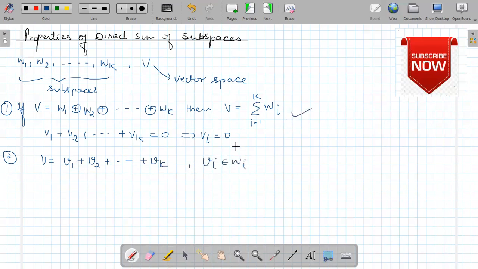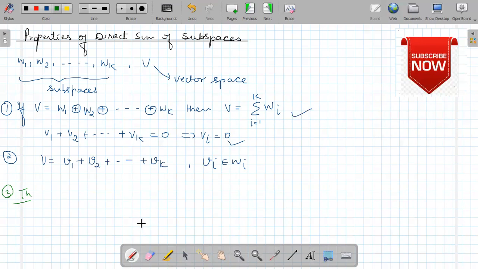We are given this condition and this condition, then this condition holds good. This is a unique representation of the vector v in the vector space. Today we'll do a new property in the form of a theorem.